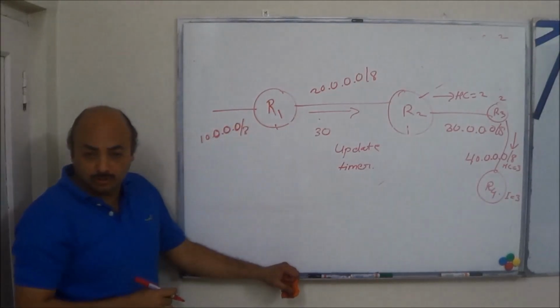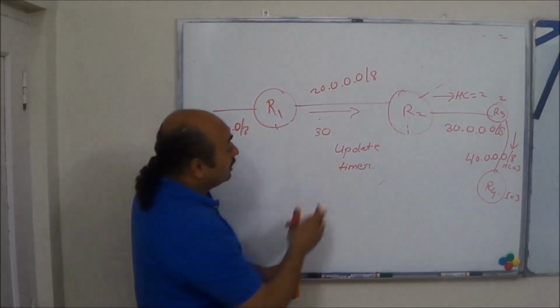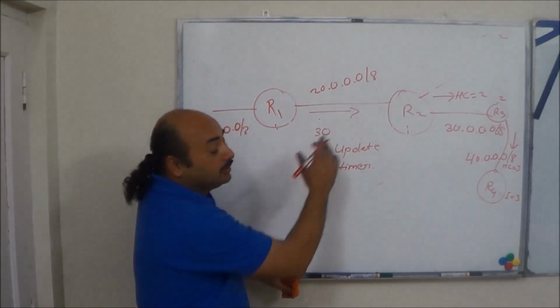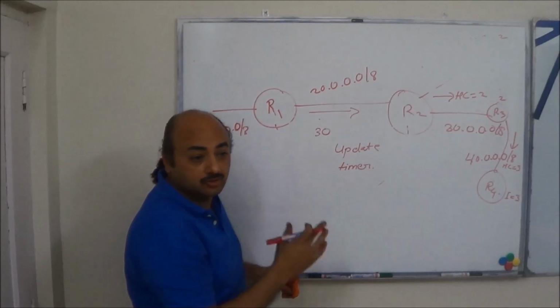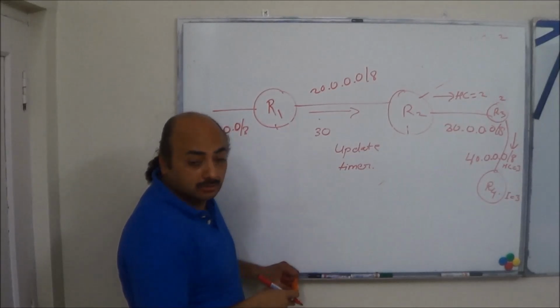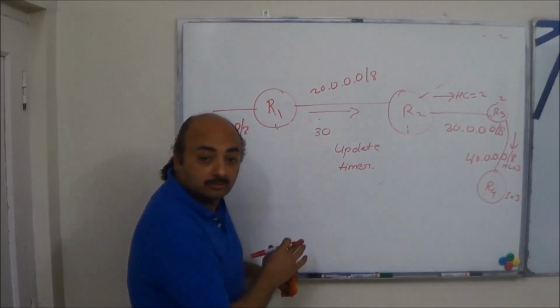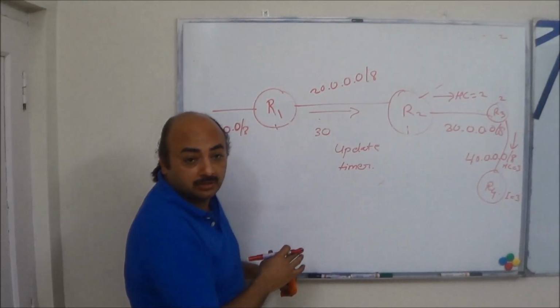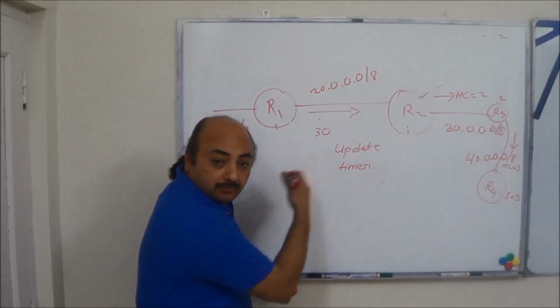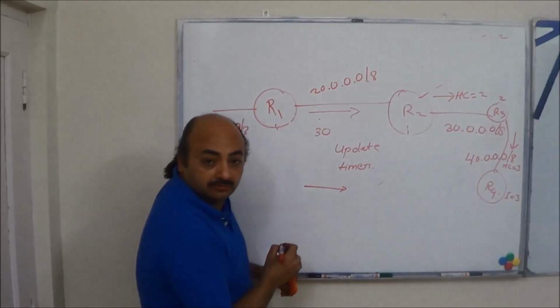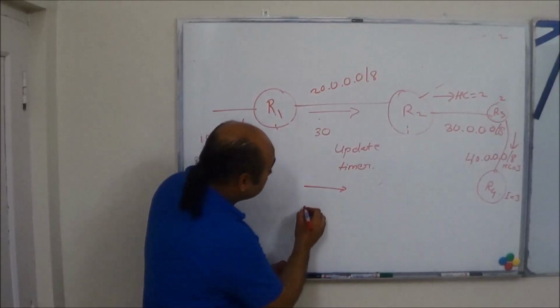Now suppose R1 sends this information to R2. What happens in that case? It's happy. In another 30 seconds it is supposed to send again.